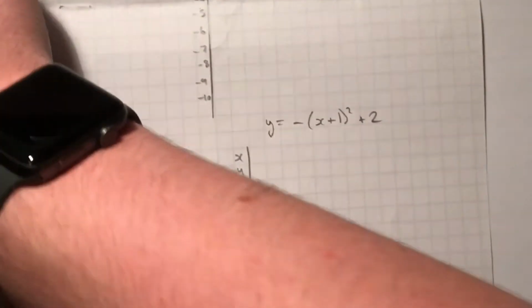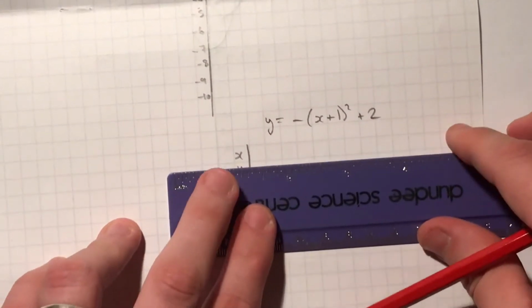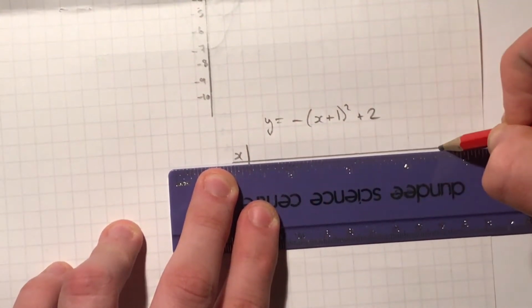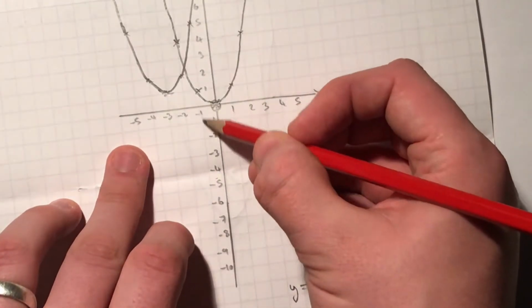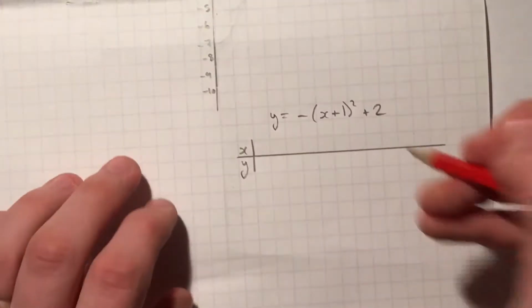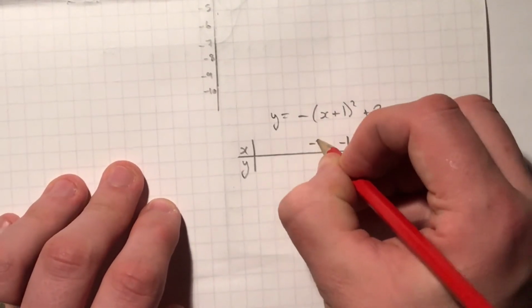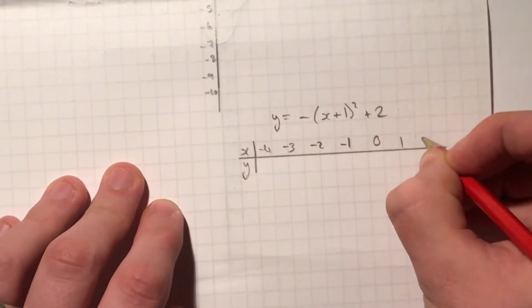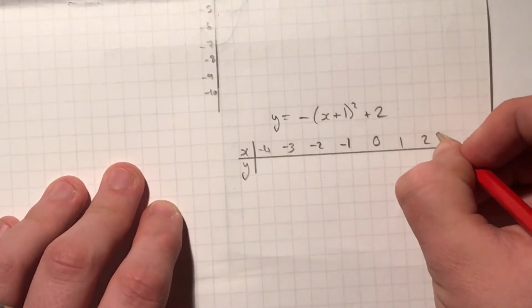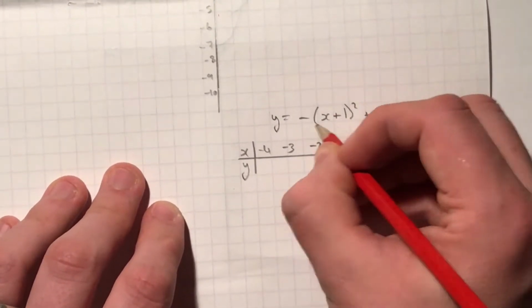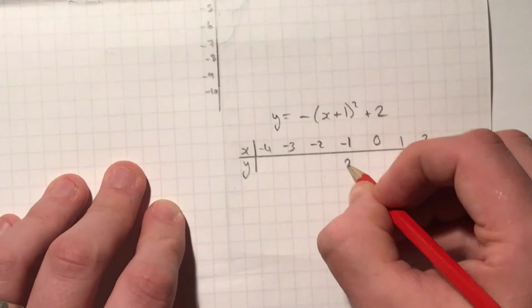And what we're going to do this time is, because we know that the plus 1 will move it 1 place to the left again, we're expecting our turning point to be somewhere in line with this -1 here. So we'll put -1 in the middle of our table, -2, -3, -4, and then 0, 1, 2. Yeah, that'll do. So putting this in here, -1 plus 1 is 0, still 0, plus 2.